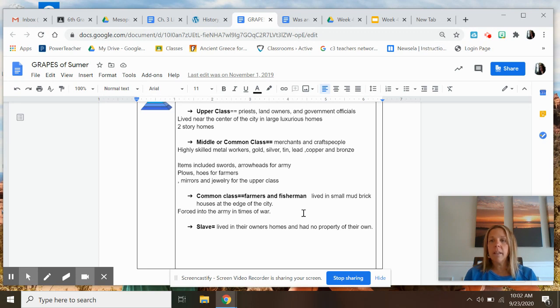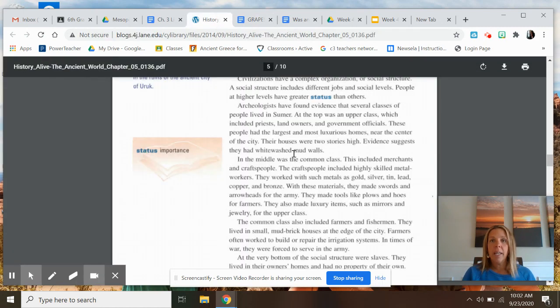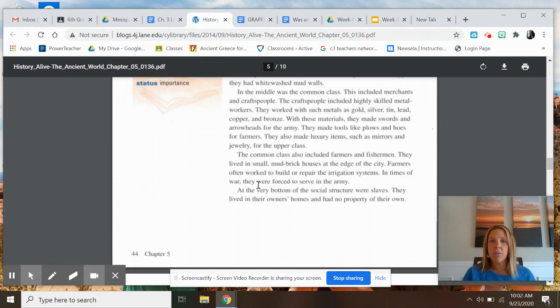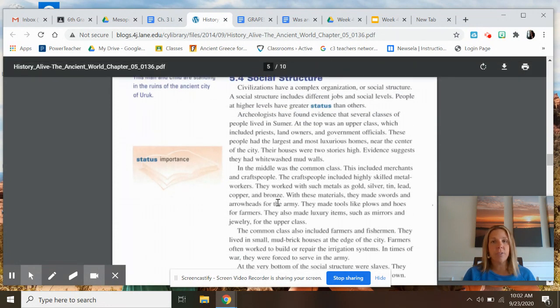They lived in their owners' homes, and they did not own any property of their own. So that is what you should have for social structure, and that comes right from the section in the text about social structure. All of that information is directly from the textbook.